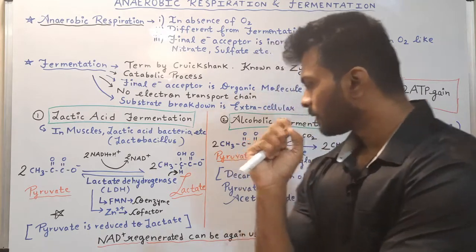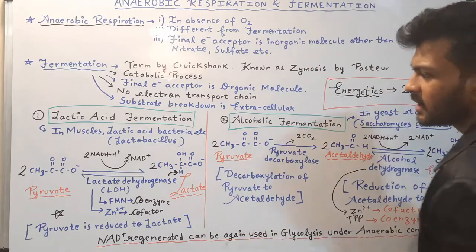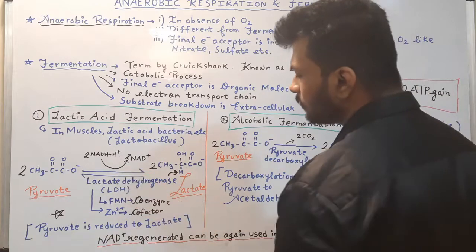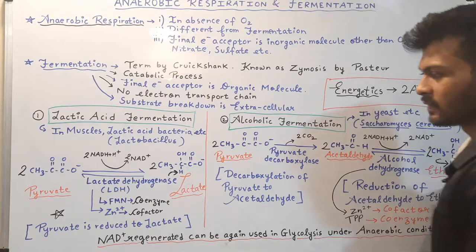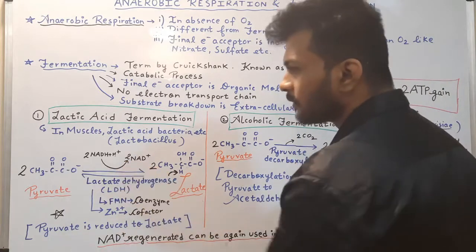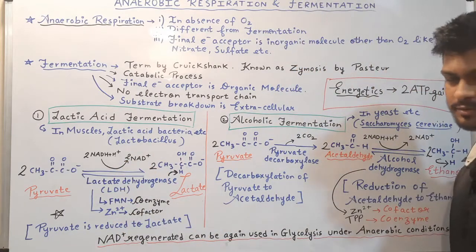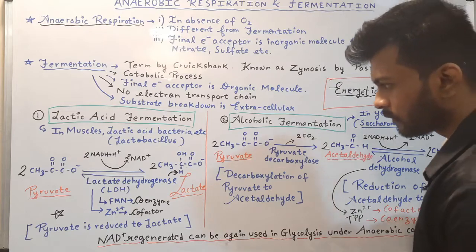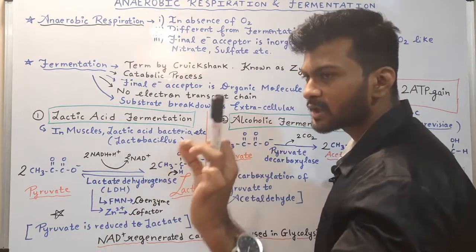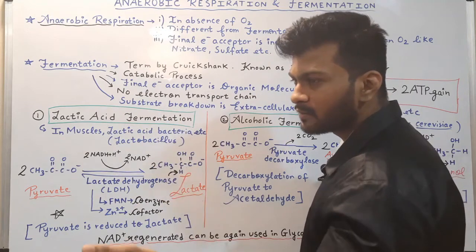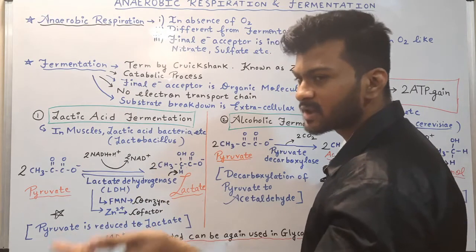Okay. And we also know that NADH plus H plus is a coenzyme in many dehydrogenase enzymes. Okay. What it will do is transfer the hydrogen atom and electron between enzymes and molecules.